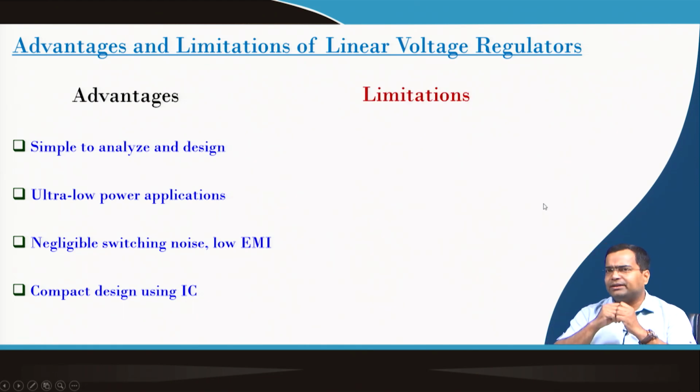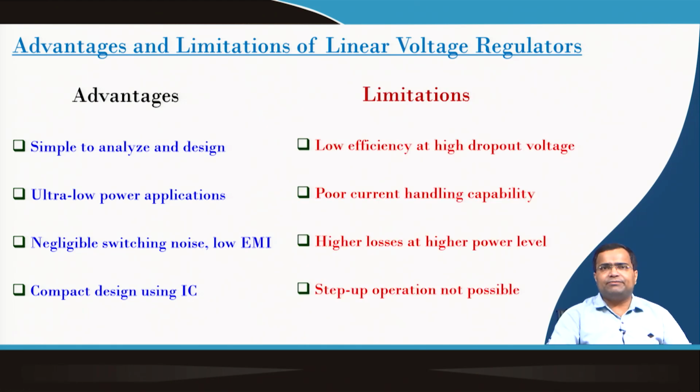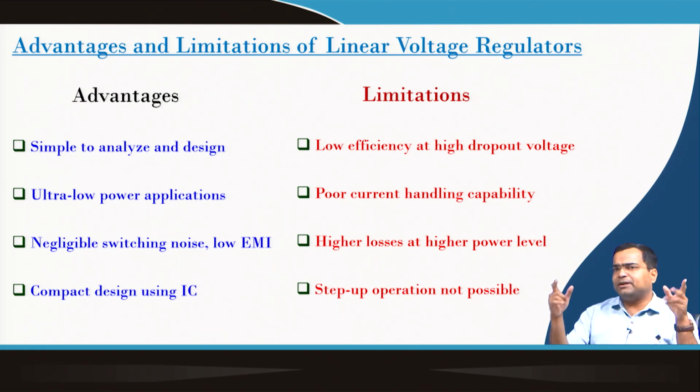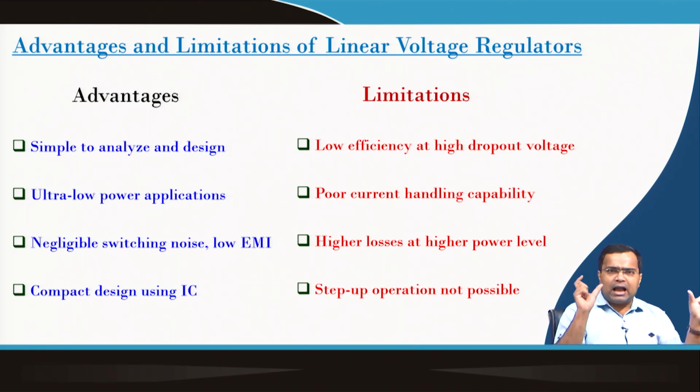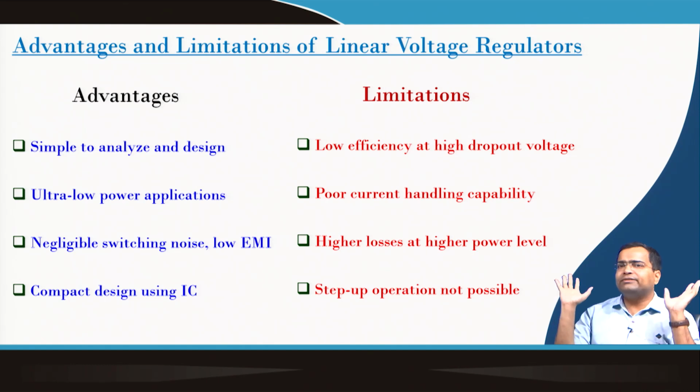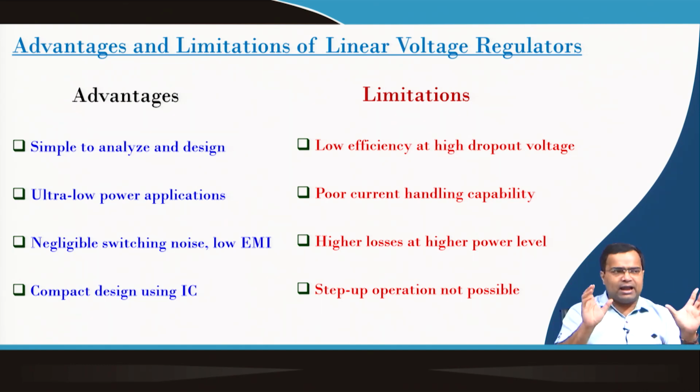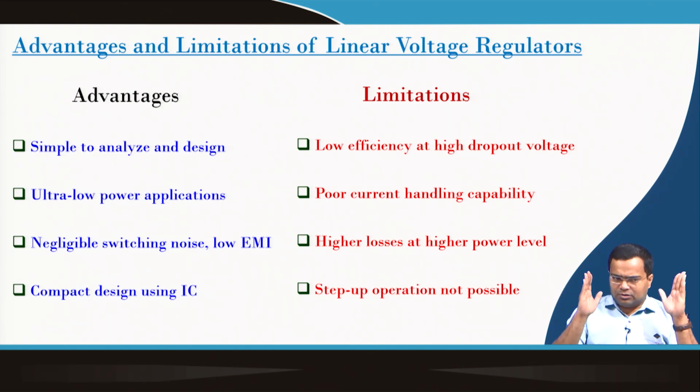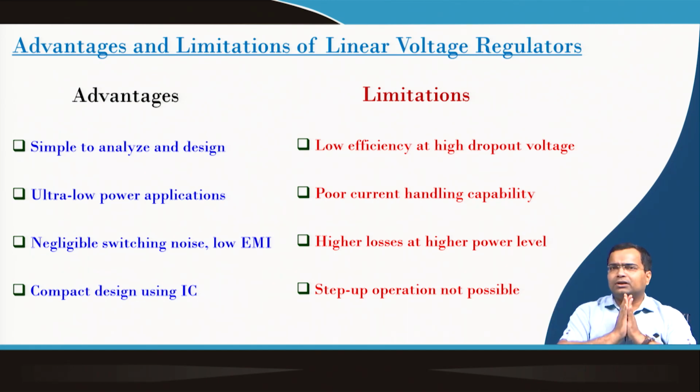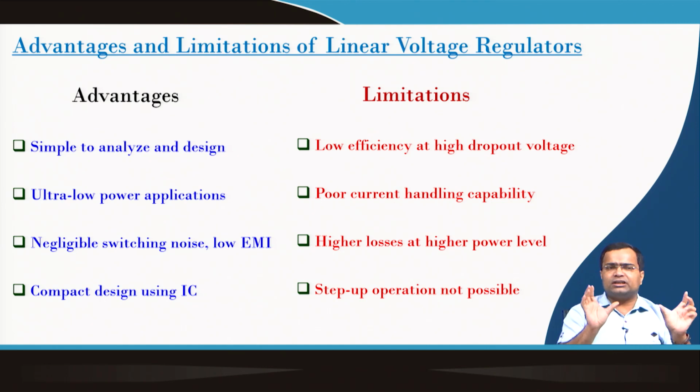But what are the disadvantages? As we discussed, the efficiency is very low and it depends on the dropout voltage. The higher the dropout voltage, the lower the efficiency. In fact, if we want to step down, let us say from 12 volt to 3.3 volt, generally one such voltage regulator is not recommended.